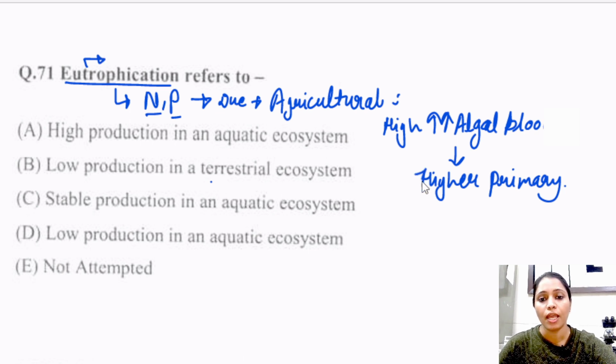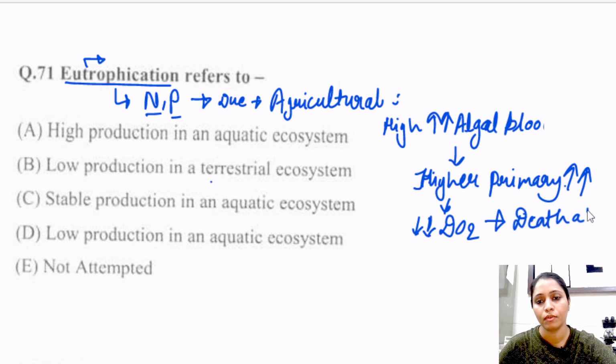So this higher primary productivity is initially or temporarily increased, which leads to low and decreased dissolved oxygen in the water ecosystem, and ultimately it causes death of aquatic life.